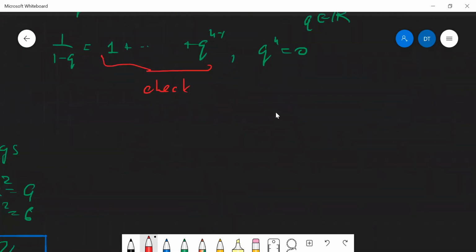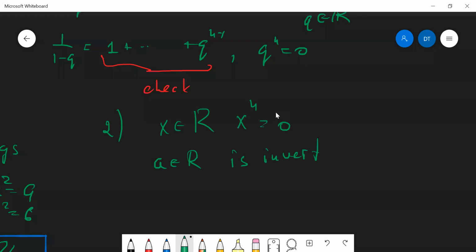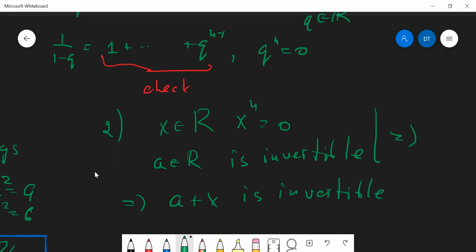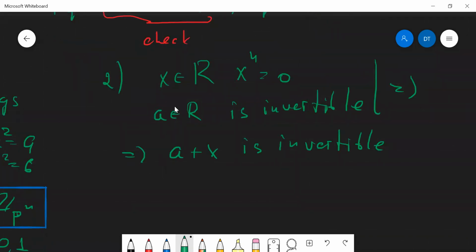Okay, let's try to do another thing. The second thing: suppose that x, again, is a nilpotent, and a in R is invertible. Let's try to show that a plus x is invertible. This is the generalization of the previous case.